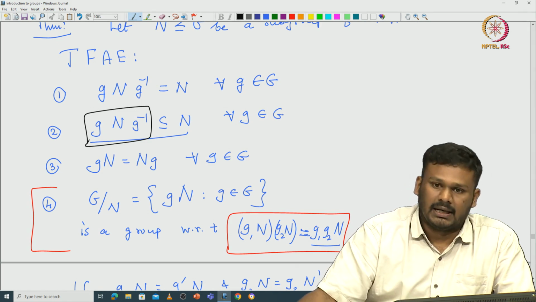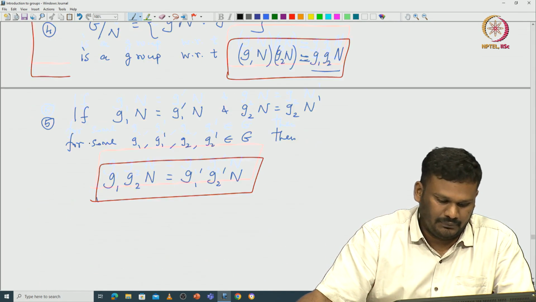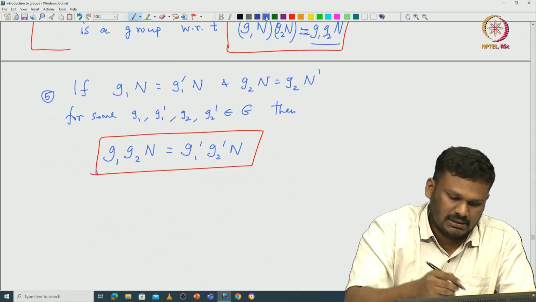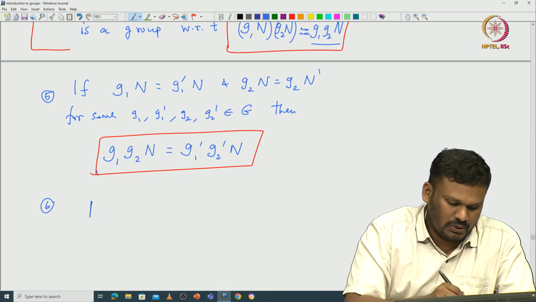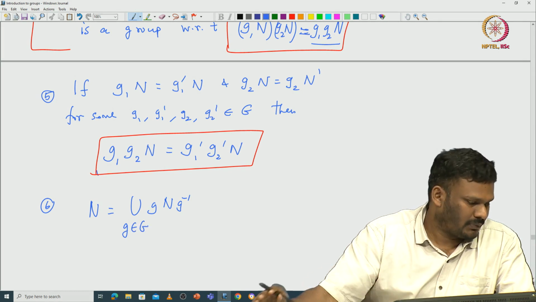So that says capital N is indeed the union of all the conjugates of capital N. So you can take that to be this definition 6: N is equal to the union of gNg inverse, g in capital G.